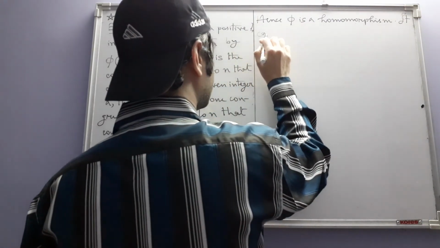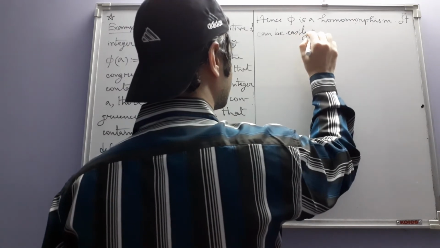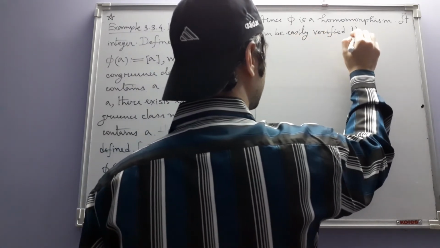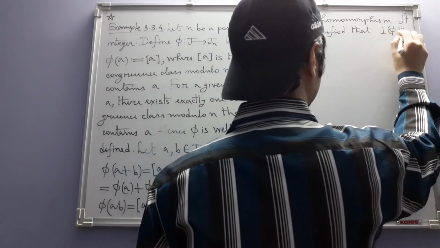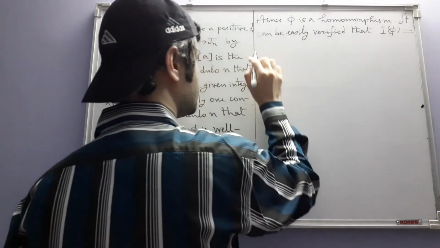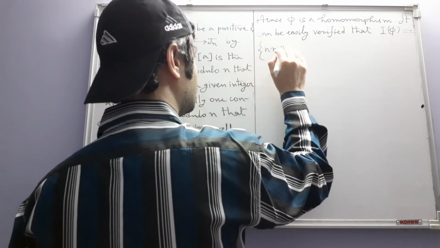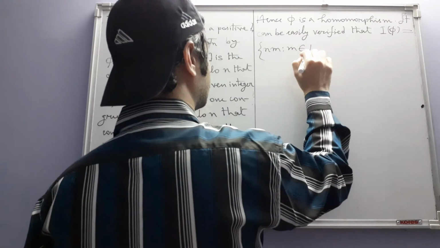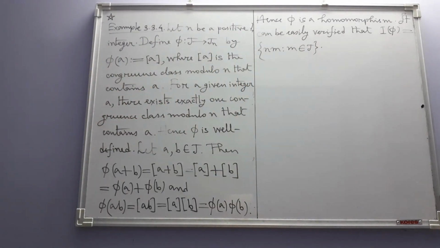It can be easily verified that the kernel of phi is equal to the set of all multiples of n, the set of all integer multiples of n.